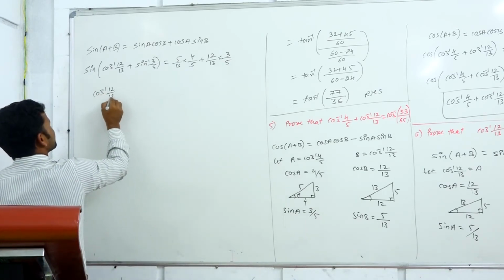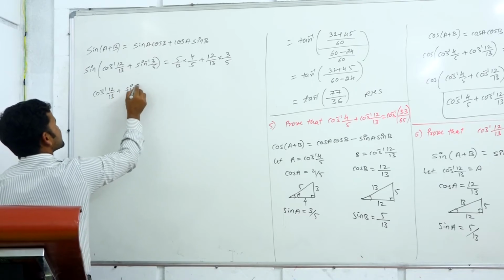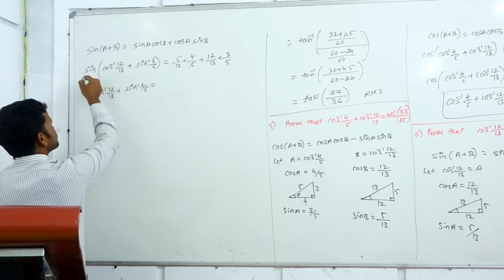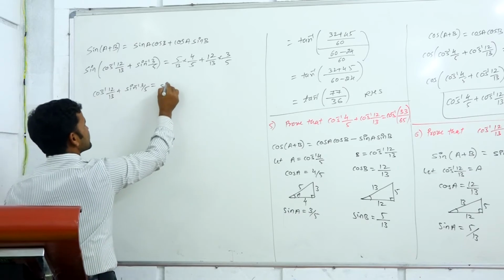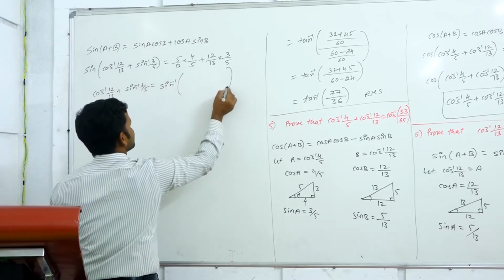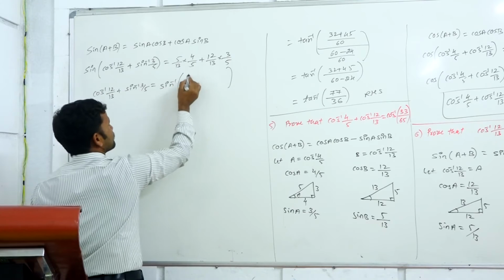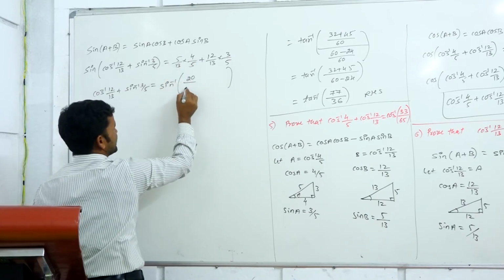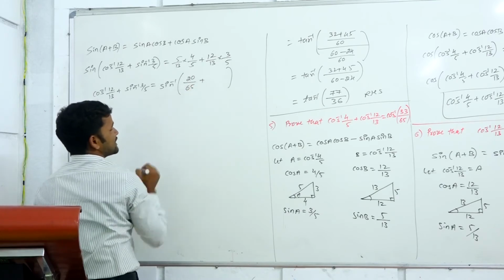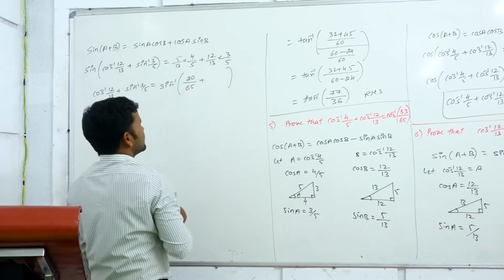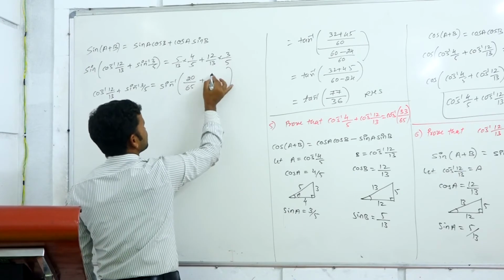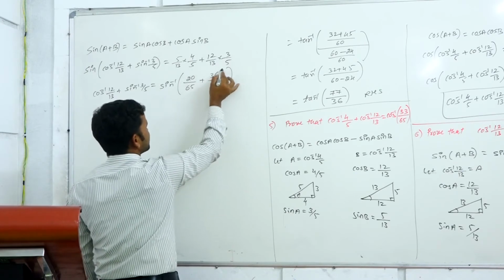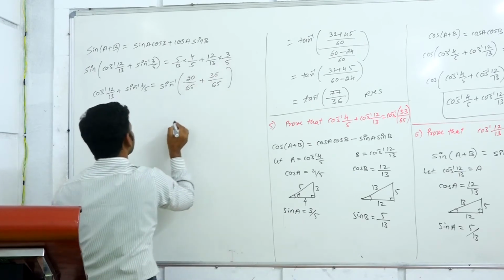Cos inverse of 12 by 13 plus sine inverse of 3 by 5 is equal to, here sine is there, this becomes sine inverse of the right hand side. 5 into 4 is 20, 13 into 5 is 65, plus 12 into 3 is 36 divided by 13 into 5 is 65.